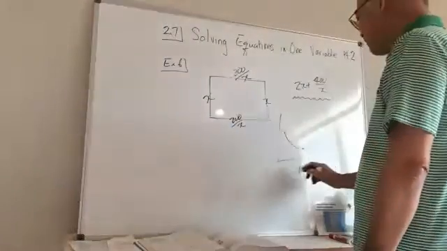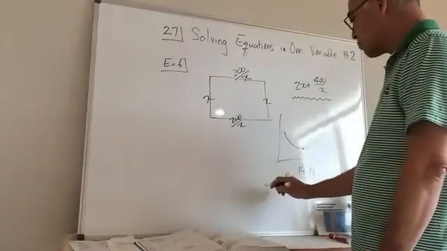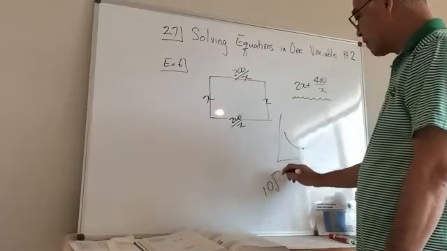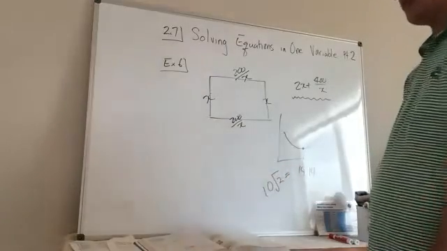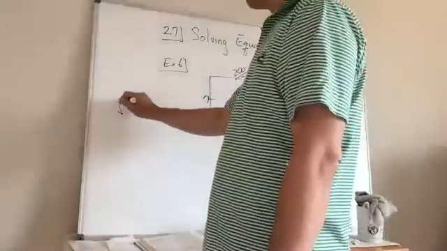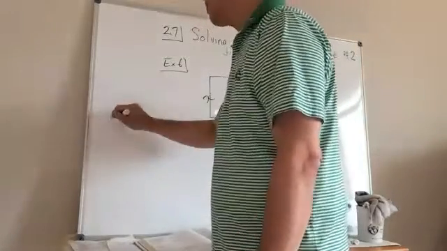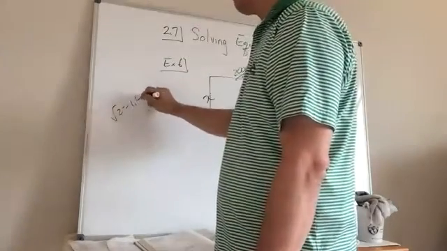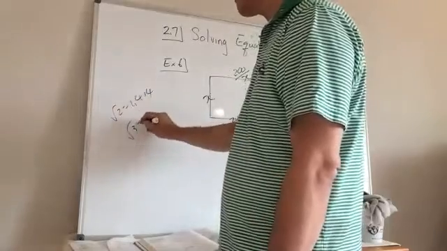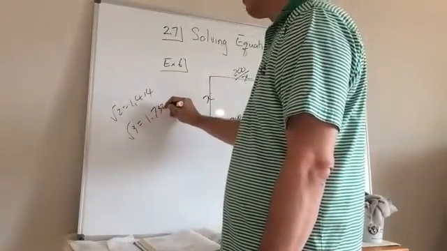Is there anybody out there that can see that this is equal to 10 root 2? Root 2 is 1.414. Root 3 is equal to 1.7321.